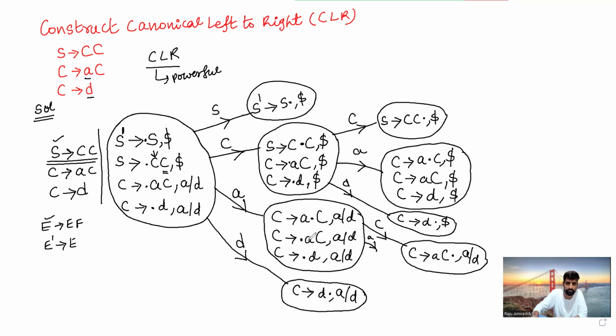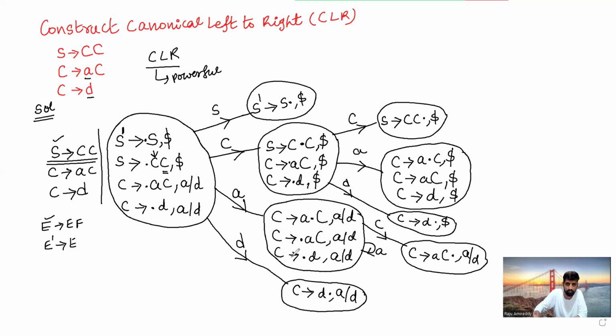It will become A dot C comma this A by D. First of A by D is A by D only. That's why we are taking here a self loop. Okay, so when you see small a, it goes to the same loop. That's why we have taken small a here.